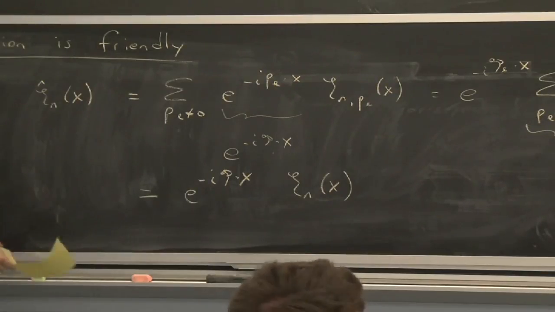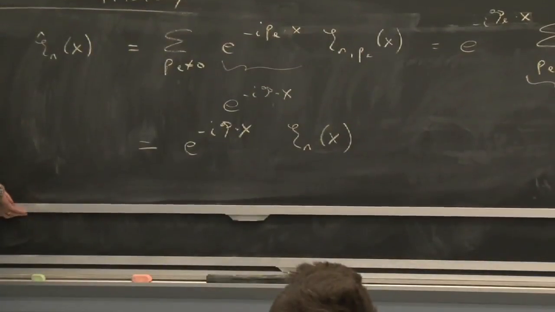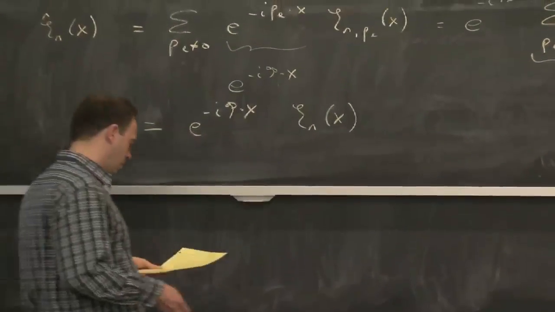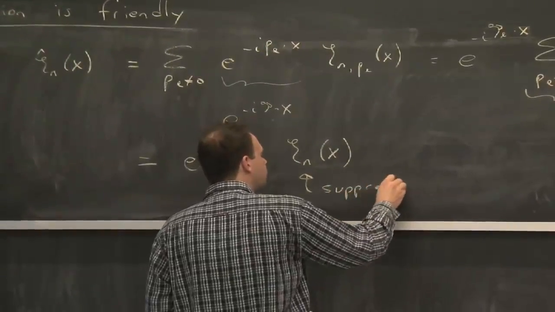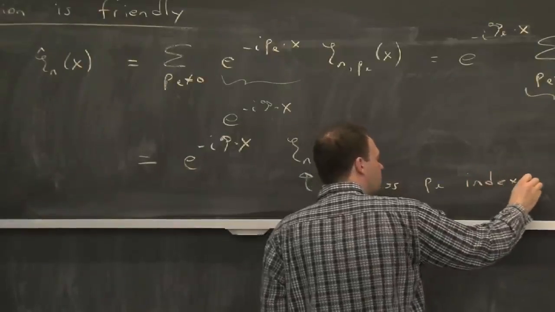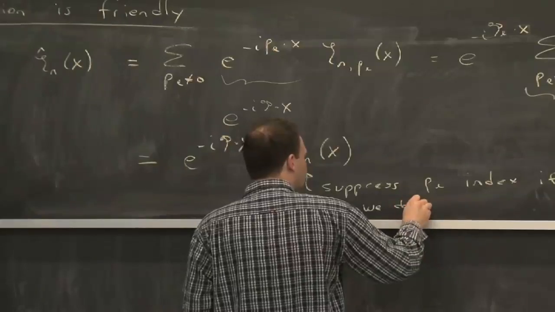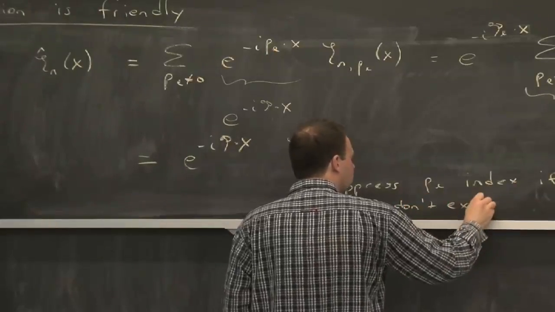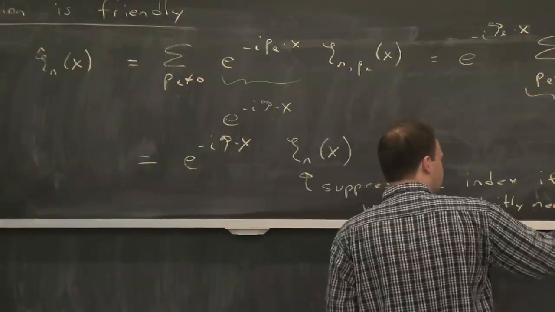And for many manipulations, just like you might suppress some indices in a quantum field theory, that's perfectly fine. And having this label operator makes it easy to do that.